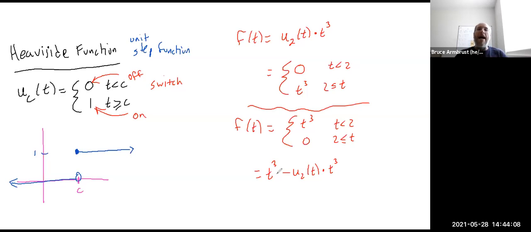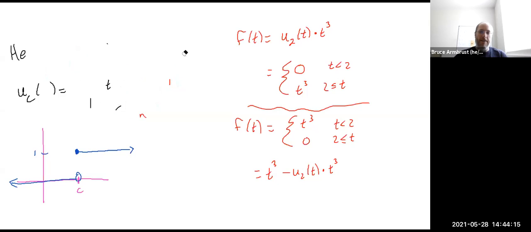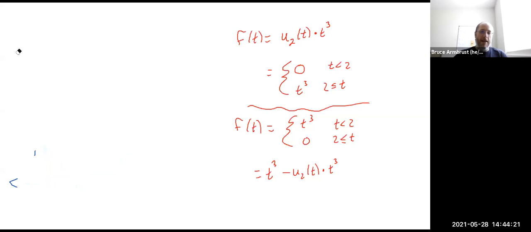So let's go back to the one that I just showed you as a forcing function for that random differential equation I was building. Let's see how we could write that in terms of the Heaviside function.